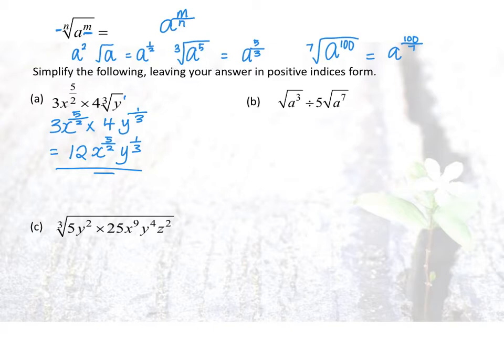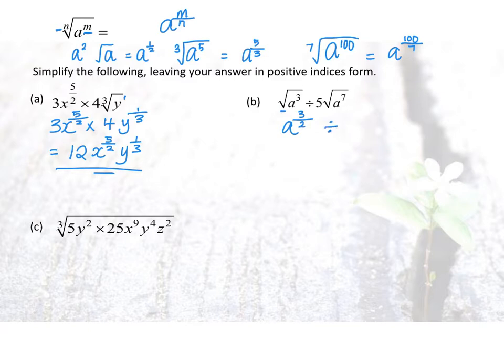Let's take a look at B. A cubed, square root of a cubed. What happens when we take the square root? We divide the power by 2. So in this case, I will have a to the power of, its original power is 3, divided by 2.